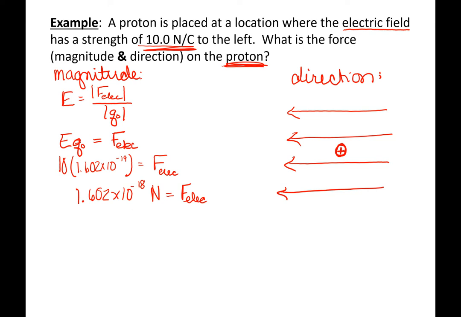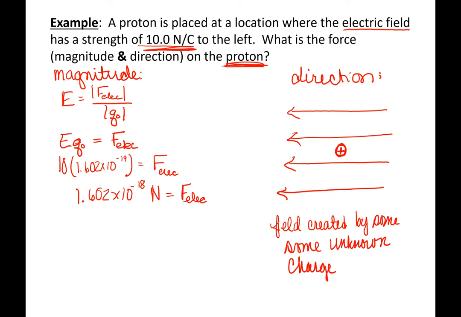Now, the field is created by some unknown charge arrangement. That is actually really important to understand, because if we knew how the charges were arranged, we could easily do the attracting and repelling, but we don't have that pre-described for us. So we have to think about it ourselves.